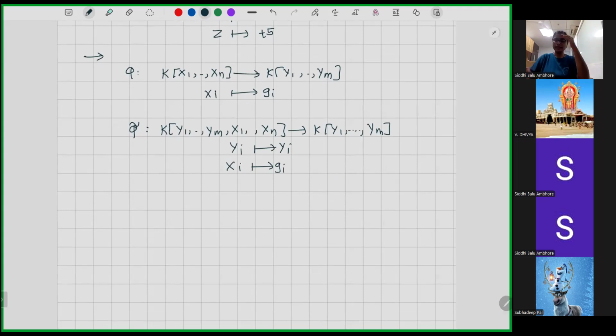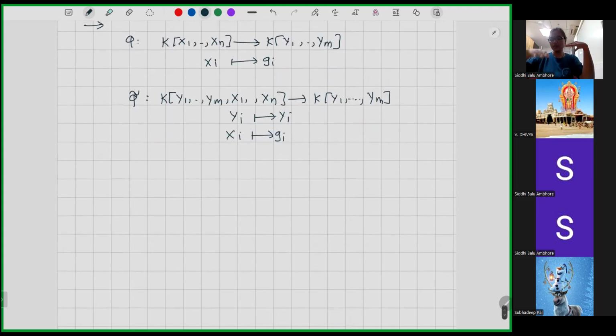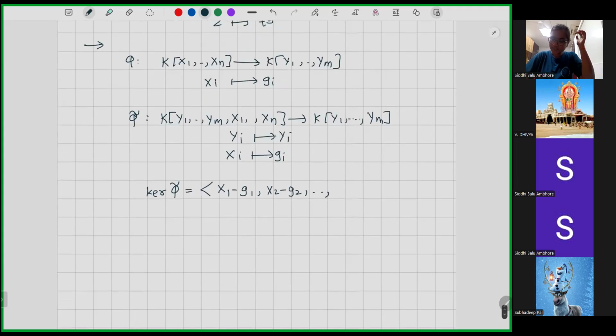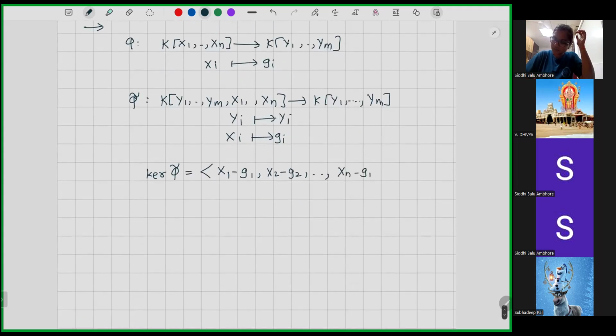Now our domain is a bigger ring, and the kernel of this phi tilde is (x1 minus g1, x2 minus g2, and so on, xn minus gn).